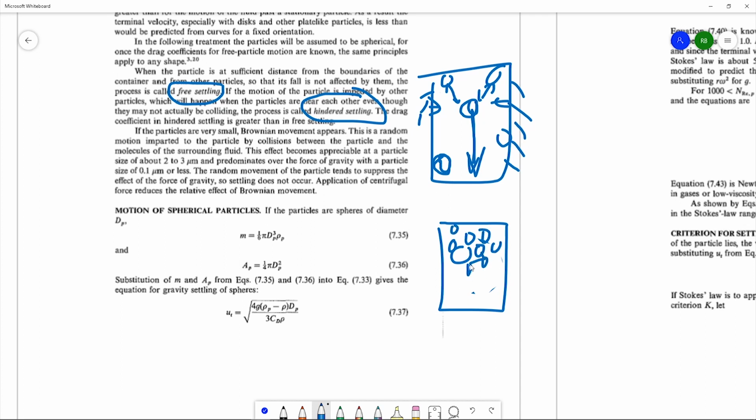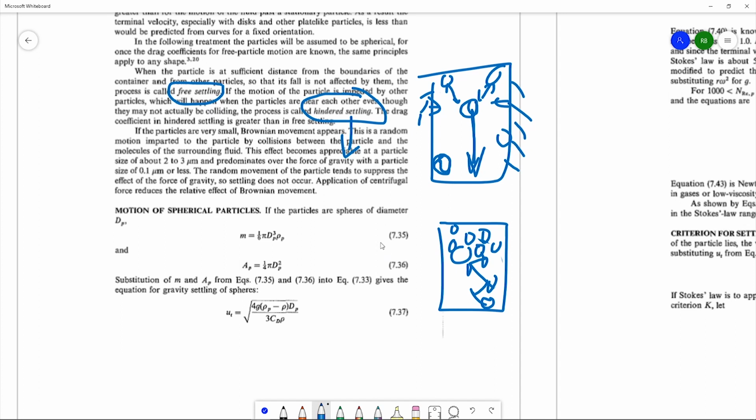They will collide with each other, right? They will follow some kind of Brownian motion. Then also it is called hindered settling. So how to calculate terminal velocity for hindered settling? We will read in the future. Future means after this next class. Okay. So these are the two kinds of settling regime: free settling and hindered settling.